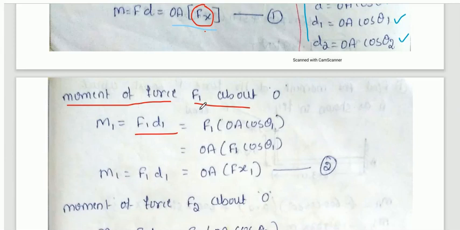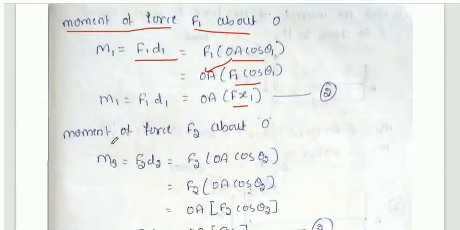Okay. Then similarly you can write the D1 value as OA cos theta 1. Just take OA outside, and F1 cos theta 1 you can write as Fx1. Similarly, the moment about O of the other force F2 is F2 into OA cos theta 2, that is F2 into D2.